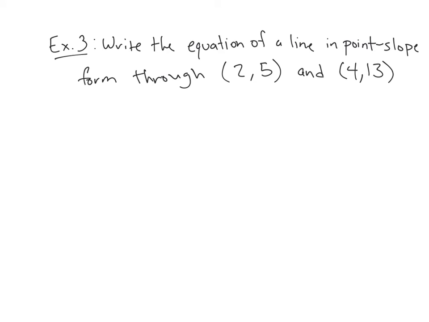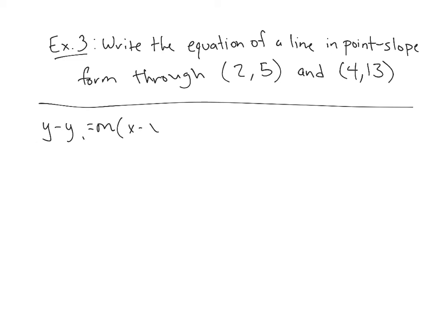All right, let's take a look at this one. We're going to write the equation of a line in point slope form. And again, point slope form is y minus y1 equals m times x minus x1. And I want to be able to write an equation through those 2 points. I know the first thing I'm going to have to do is find the slope. y2 minus y1 over x2 minus x1.